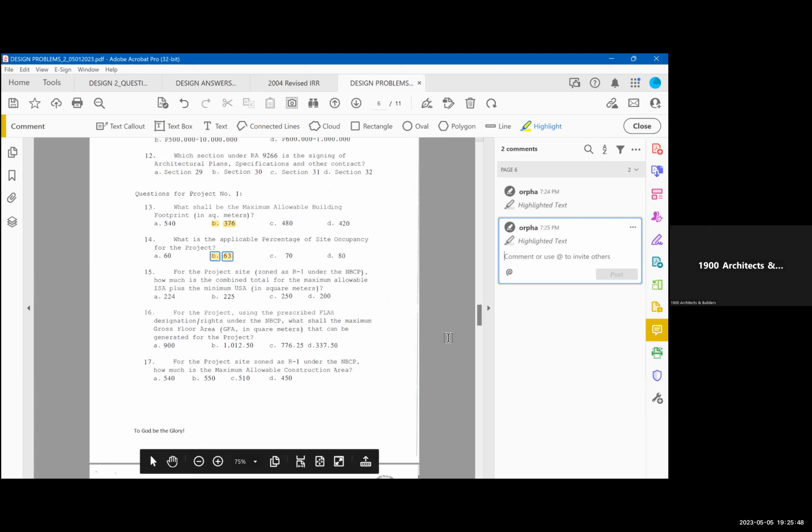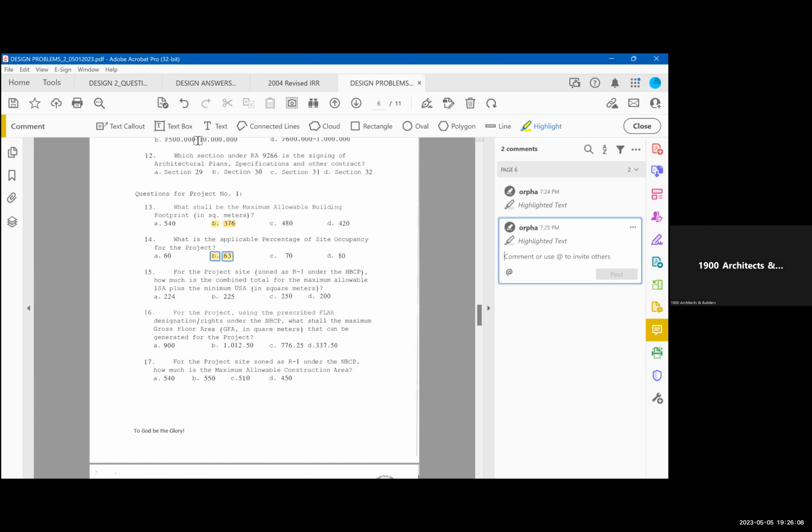Okay, so number 15. For the project site, zoned as R1 under the NBC, how much is the combined total for the maximum allowable ISA plus the minimum USA in square meters?